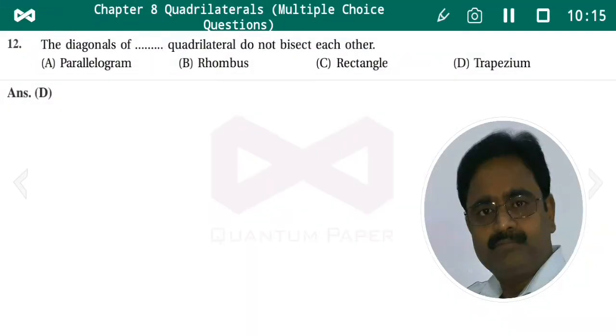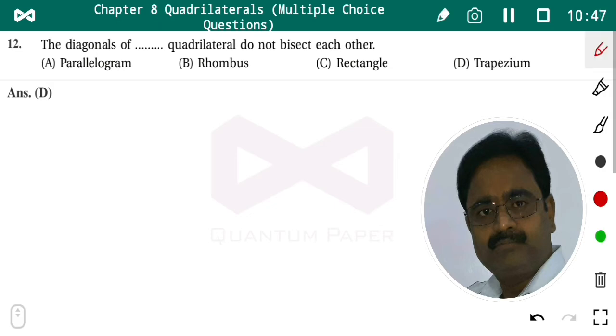Dear friends, let's see this question. In this it is given, the diagonals of a quadrilateral do not bisect each other. तो अब किस क्वाड्रिलेटरल का डायगोनल बाइसेक्ट नहीं करता है? व्हाट इज द पॉसिबिलिटी? पैरेललोग्राम का डायगोनल बाइसेक्ट करता है. रोम्बस में भी करता है, रेक्टेंगल में भी करता है. तो ट्रेपीजियम का डायगोनल बाइसेक्ट नहीं करता, इंटरसेक्ट तो करता है बट नॉट एट मिड पॉइंट.